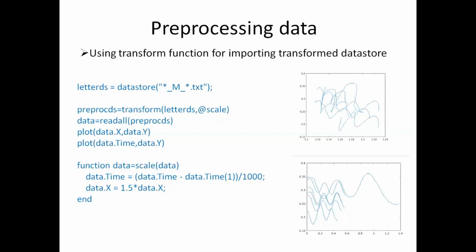Then we are reading the data from the transformed data store. The variable name that I am using here with the readall command is preprocessed data store. So I am reading it and storing it in the variable named data.